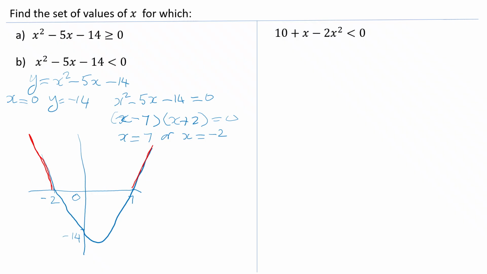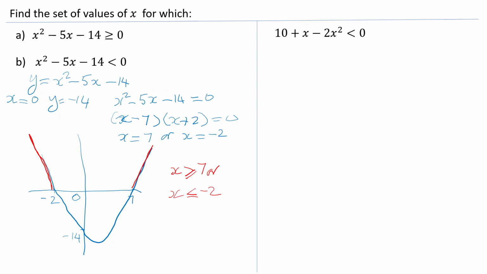So the inequality is x greater than or equal to 7, or x less than or equal to negative 2.